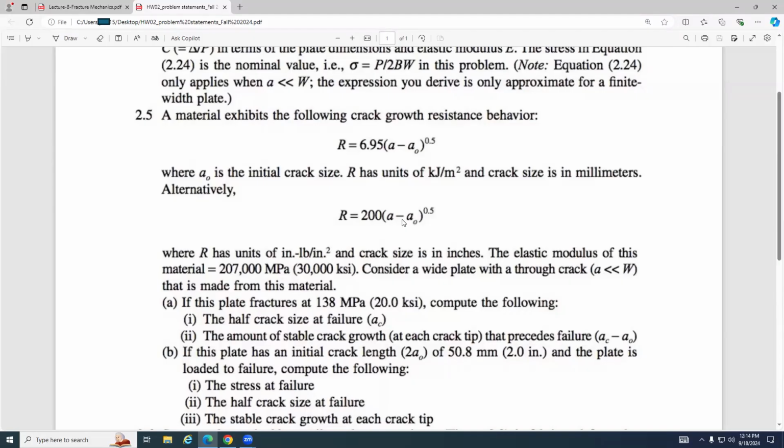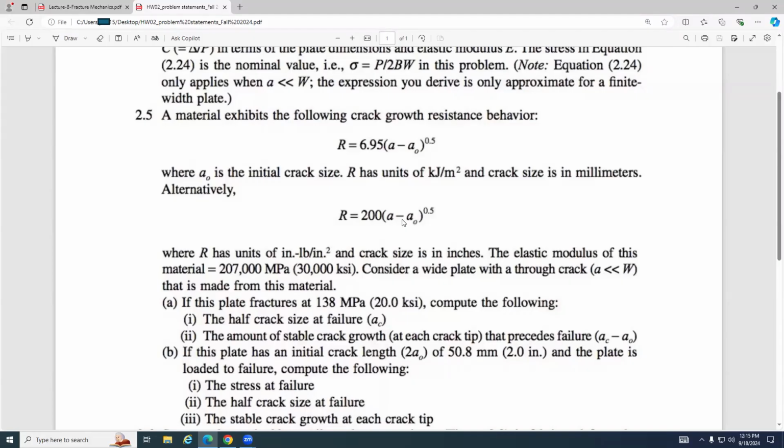So this A_C and this A are the same, because we want to know the crack initiation at this critical condition. Okay, this is our first condition.